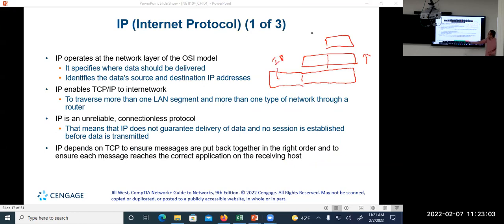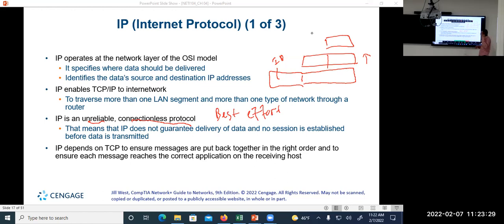So for the IP here, again it is an unreliable and connectionless protocol. The same as UDP. They call it best effort. Best effort means when you get the data, you try to send it out, but you don't care if it comes to the destination in the right order or not.